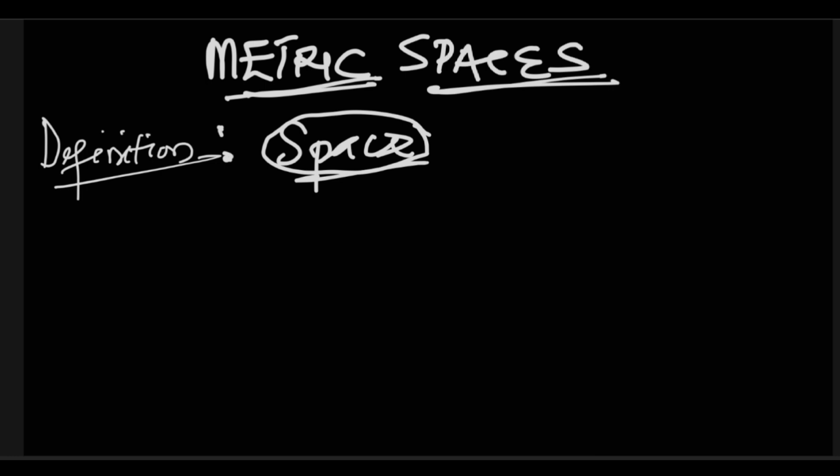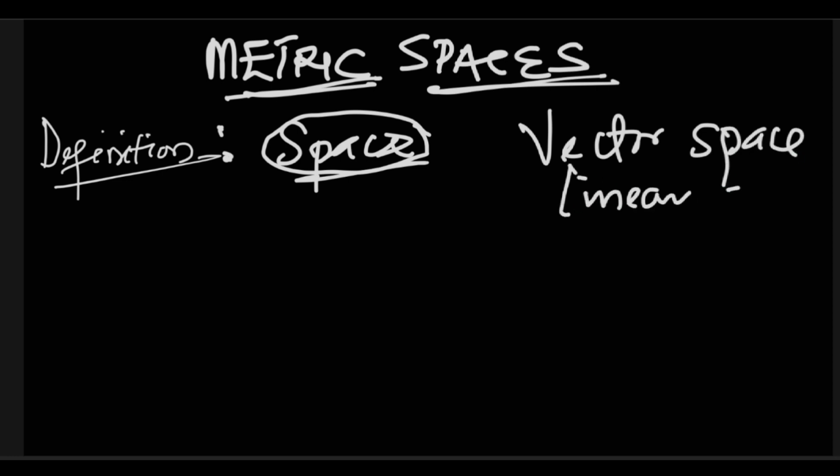We can say a space in mathematics is actually a set on which some mathematical structures such as notions, axioms, conditions, properties have been defined. That shows this space is not empty, right? So that will be some definitions on the space. We have vector space, linear space, and so on and so forth. So that is a space.